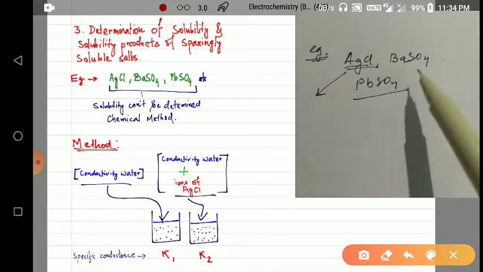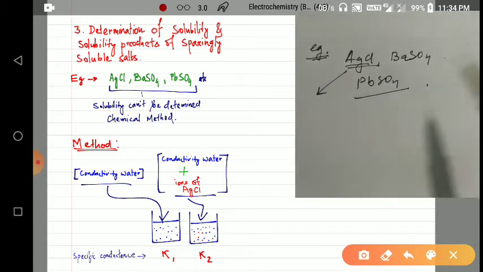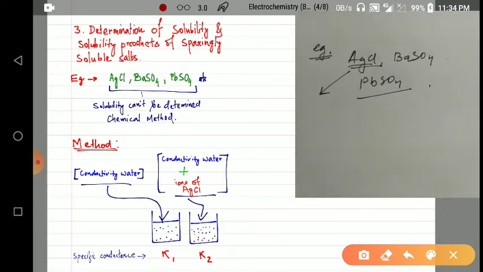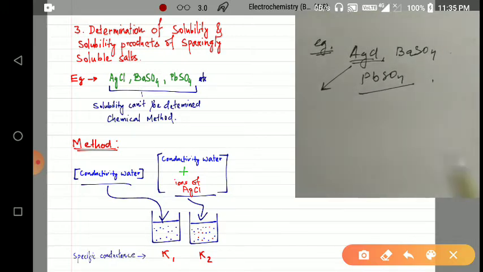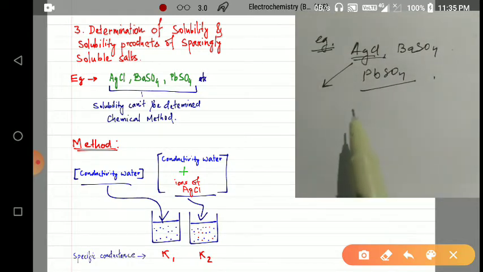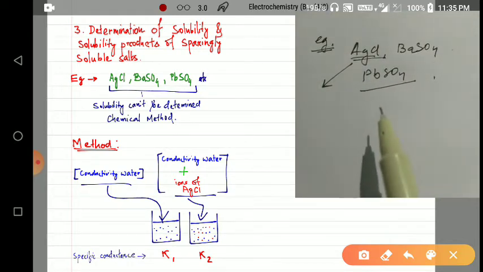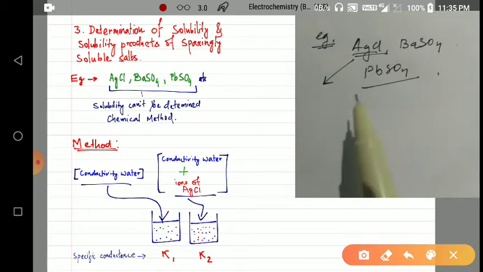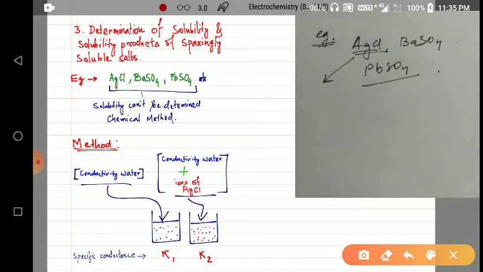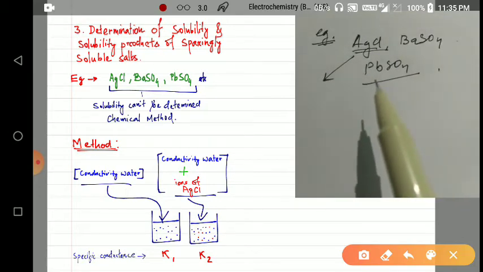Even barium sulfate or lead sulfate can be used to carry out an experiment to find out their solubility. So why do we prefer conductometric measurement to calculate the solubility of sparingly soluble salts?